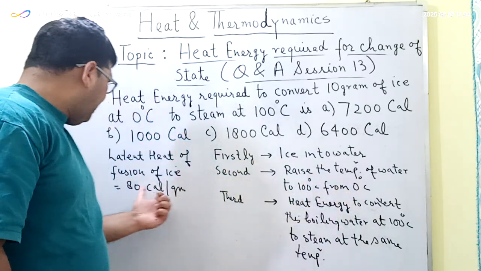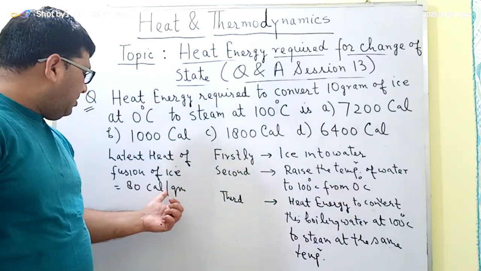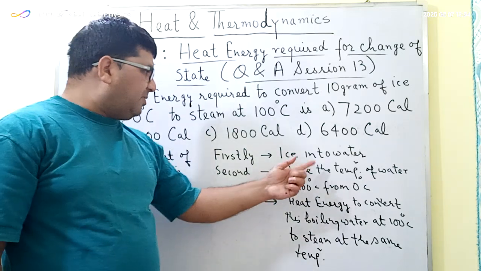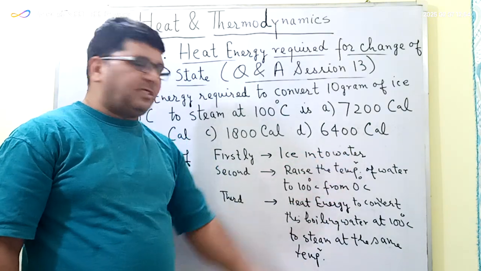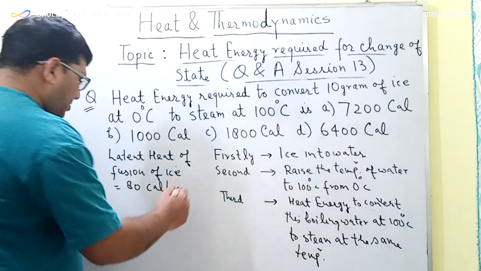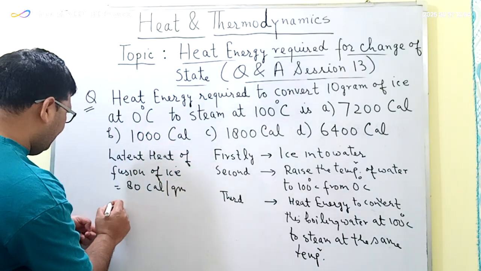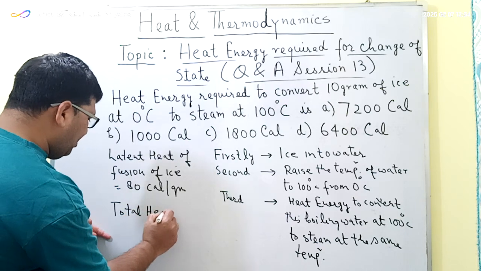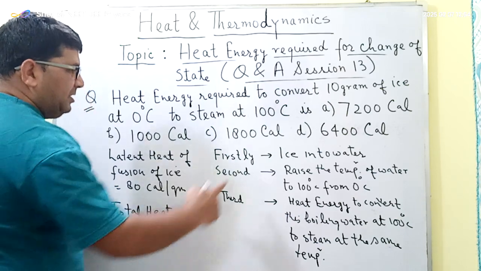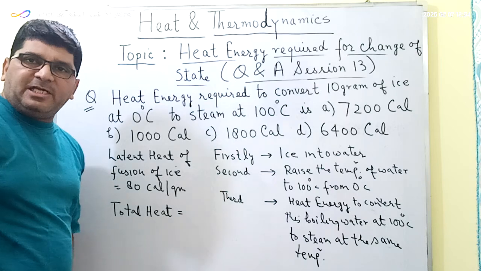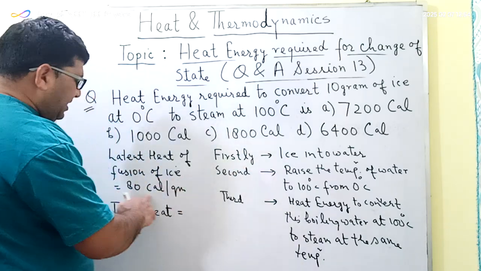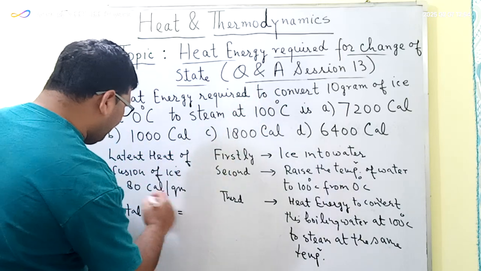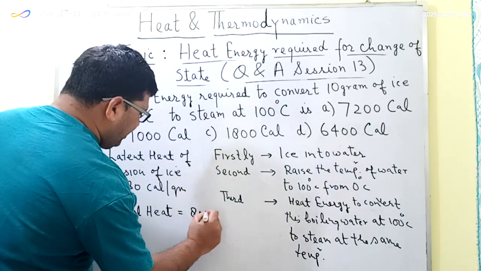So the total heat required will be equal to, in the first case, the latent heat of fusion. Since 80 calorie of heat is required for 1 gram of ice, for 10 gram of ice it will be equal to 80 into 10, which is equal to 800 calories.